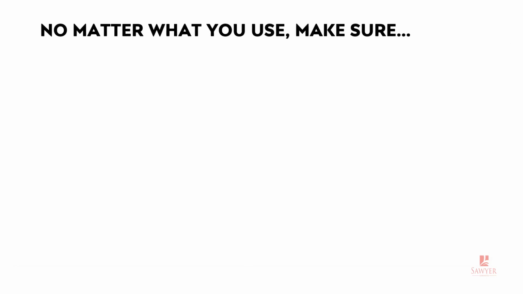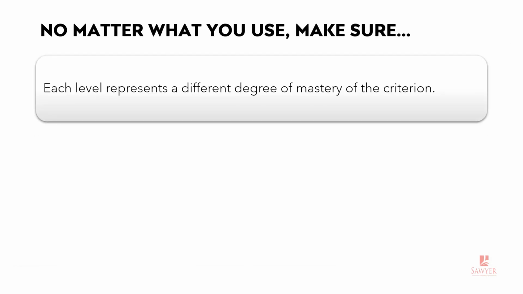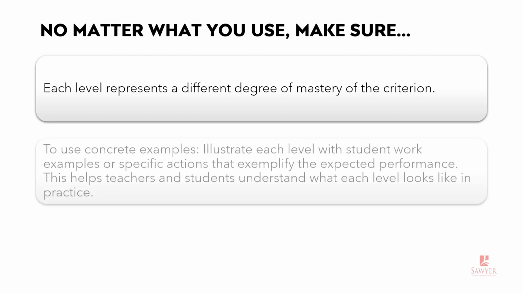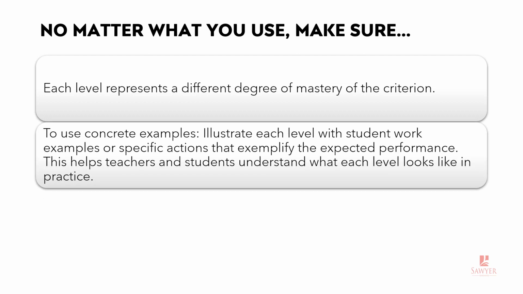You have tons of those that you can use, but no matter what you use, make sure that each level represents a different degree of mastery of the criterion. Make sure that you have mutually exclusive levels, okay? And then use concrete examples to illustrate each level. When you're going over the rubrics with the students, make sure that you can show them an example of that particular level, even if you have to invent something.